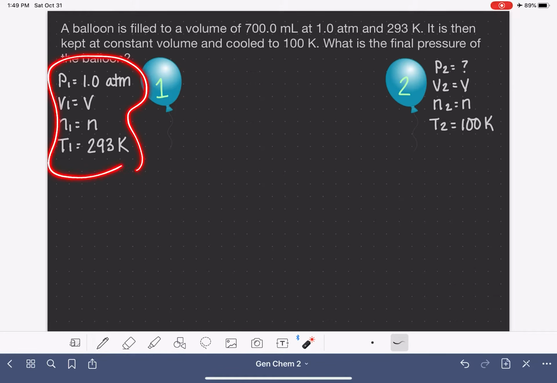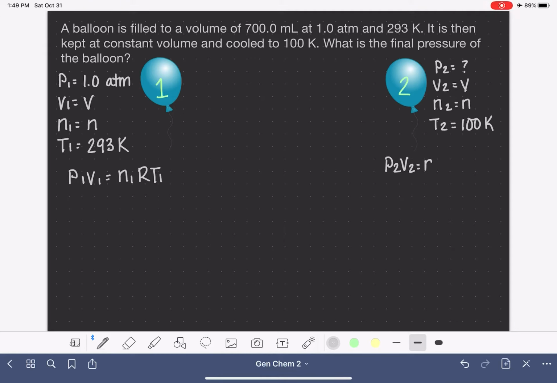But in this situation, we have to derive a relationship for ourselves. So we're going to start with the ideal gas law, P1 V1 equals n1 R T1, and we'll do the same thing for the final conditions as well: P2 V2 equals n2 R T2.